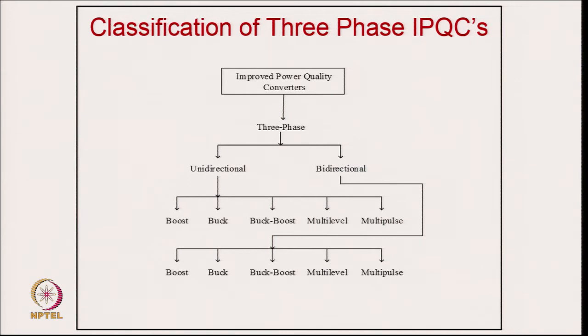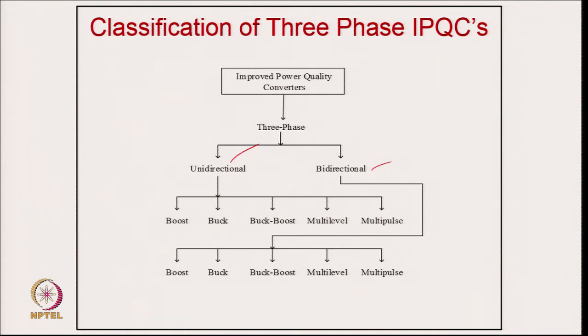Now, coming to the classification of these 3-phase improved power quality converters, we classify them based on power flow: unidirectional power flow and bidirectional power flow. For unidirectional power flow, an example is a medium voltage drive for a large air conditioning or refrigeration system, where the power flows in one direction. A typical example of bidirectional power flow is traction, an active load.